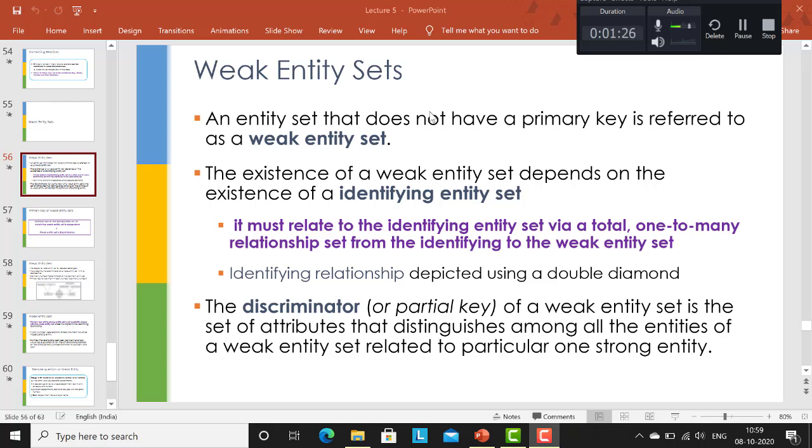If you pick any two coaches, say two sleeper class coaches, they both will have the same set of berth numbers, berth number 1 till 72 or something like that. So this concept of a berth in a train is a weak entity. It cannot exist by itself.